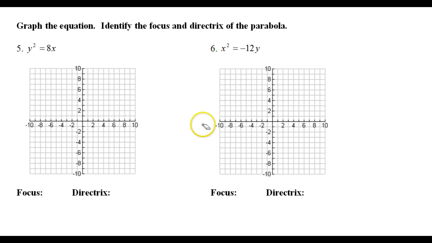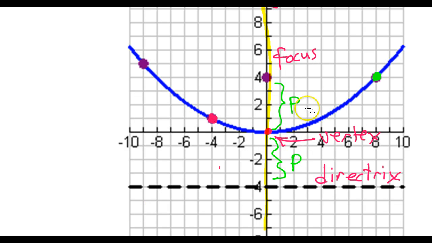Alright, it's time to graph some equations that are in this form. We're going to graph them and identify the focus and the directrix of the parabola. So those are two new vocabulary words I just slipped in, focus and directrix. The focus is the point on the interior of the parabola. It's sort of like the parabola is wrapped around the focus.